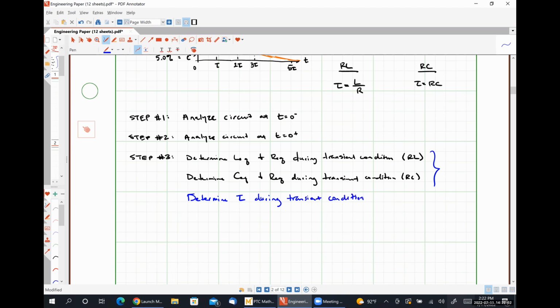Because inherently, in determining our time constant tau, we're going to have to know either LEQ and REQ for RL circuits or CEQ and REQ for RC circuits. Okay, so our step three is now this guy.